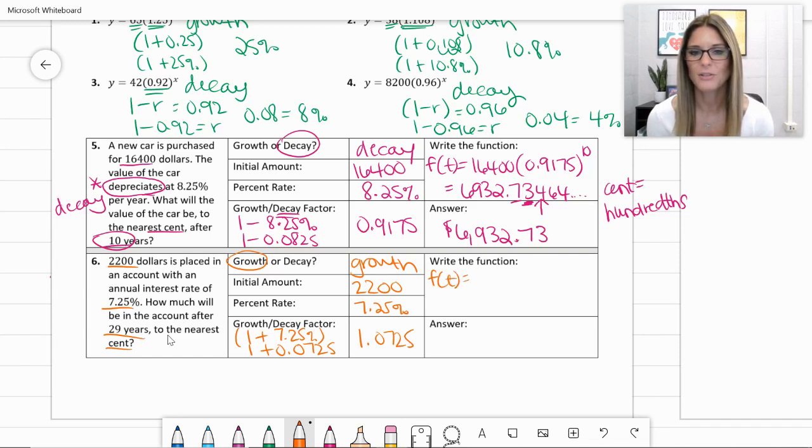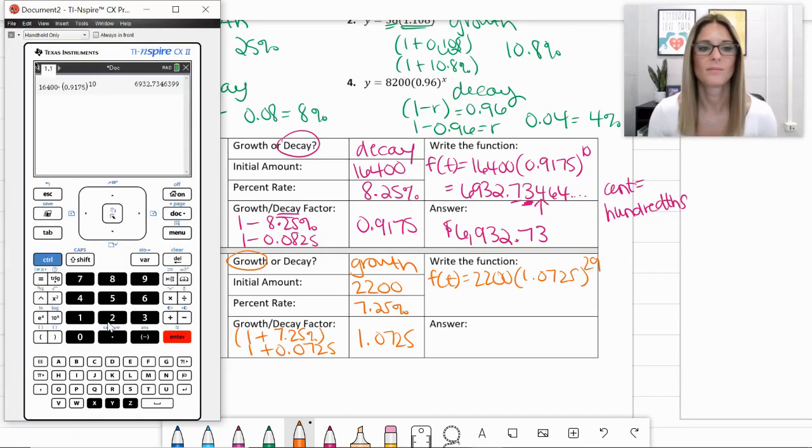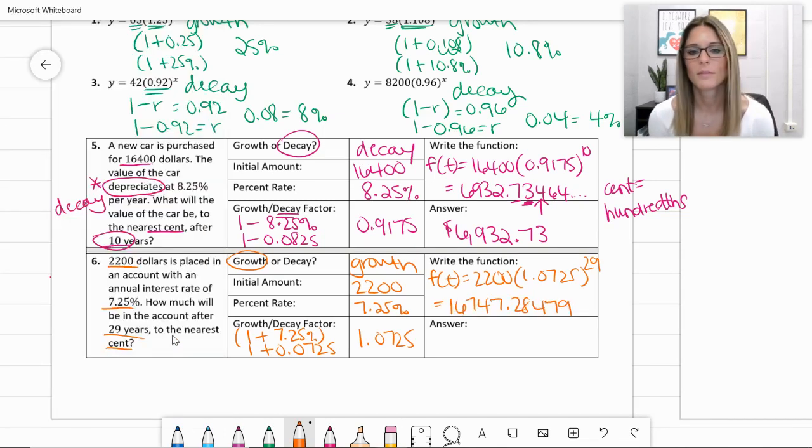F of t equals our initial amount, $2,200, times 1.0725 raised to the 29 years. Let's grab the calculator and see what we get. $2,200 times 1.0725 raised to the 29 is 16,747.284797.